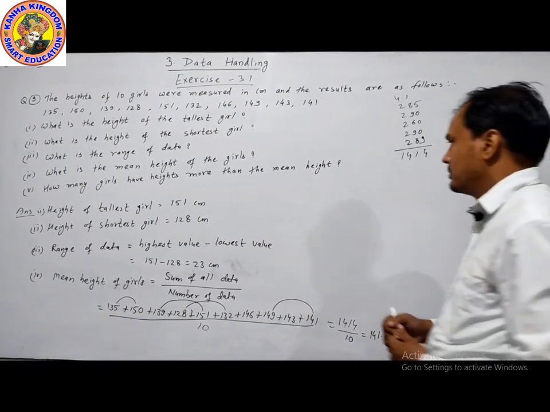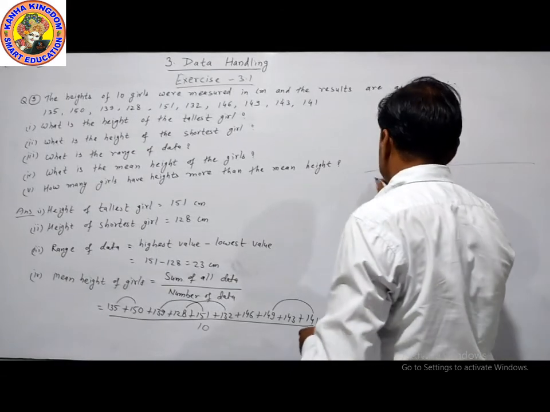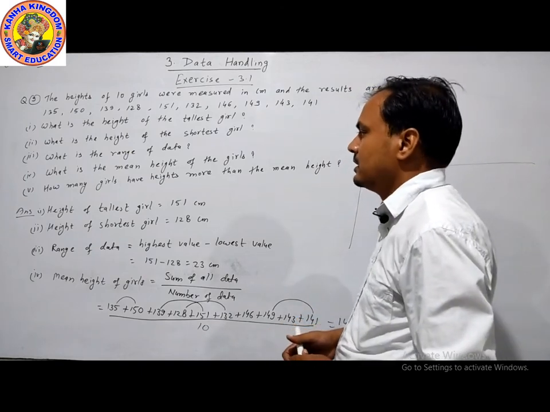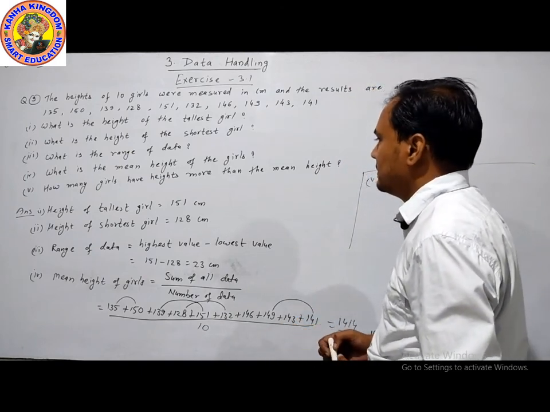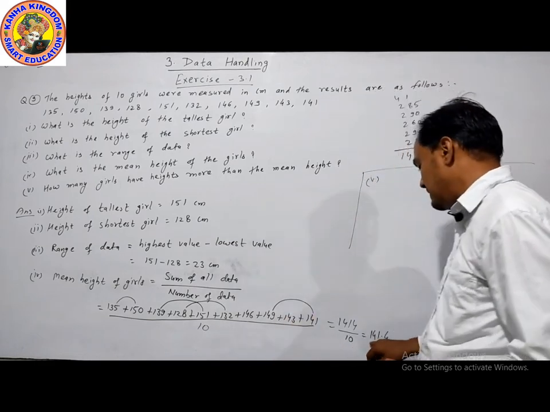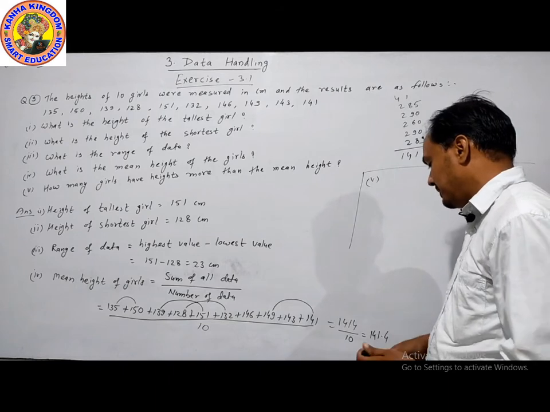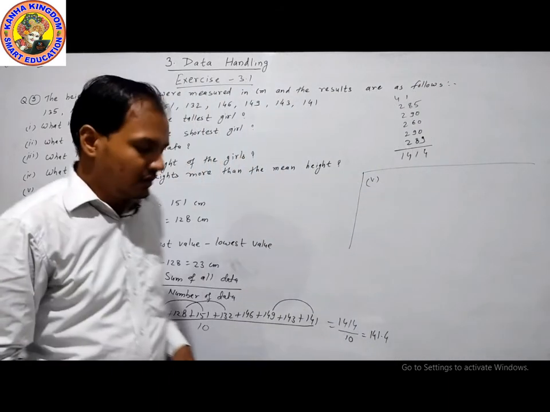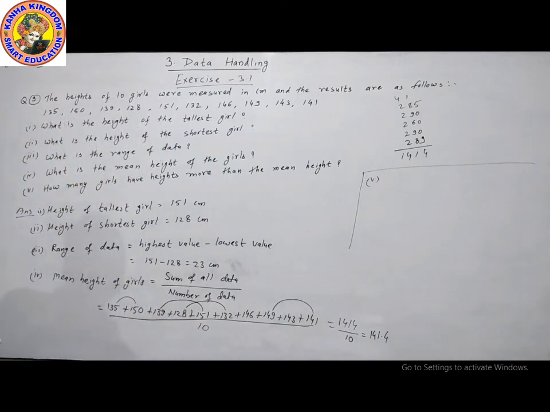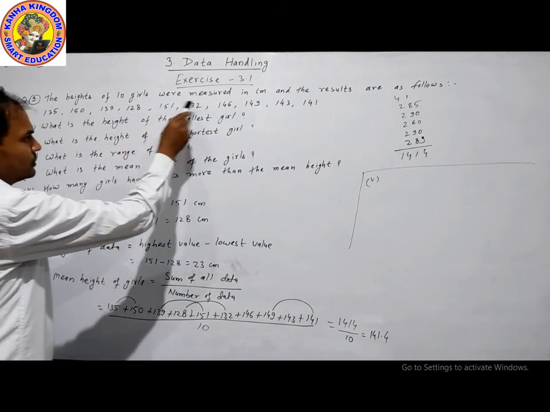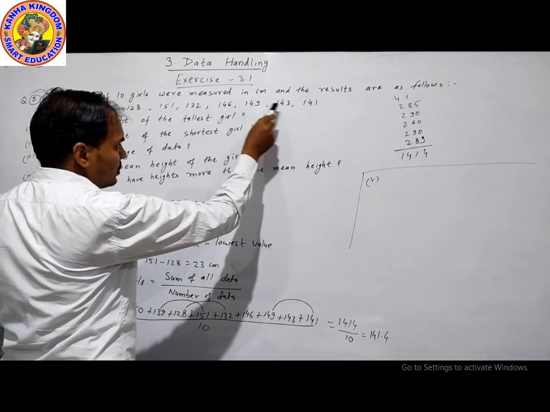Now question number 5. How many girls have height more than the mean height? Mean is 141.4. Now taking 1, 2, 3, 4 and 5.